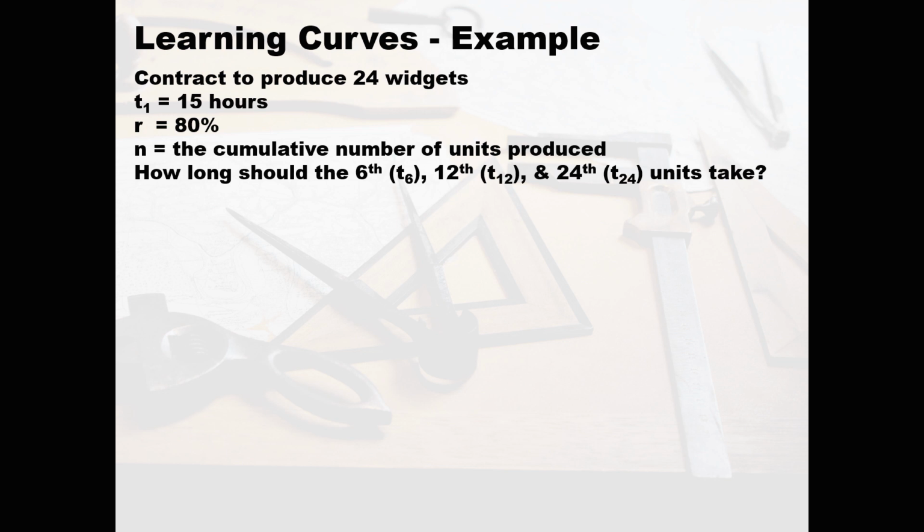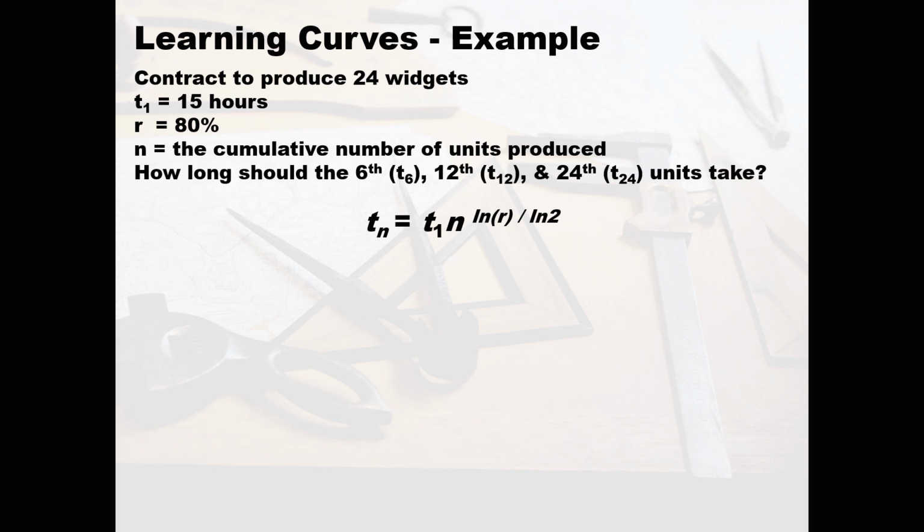The customer has asked for price breaks at the 6th unit, the 12th unit, and the 24th unit. So how do you know how to add in your labor when you're doing pricing at these milestones or at these intervals?